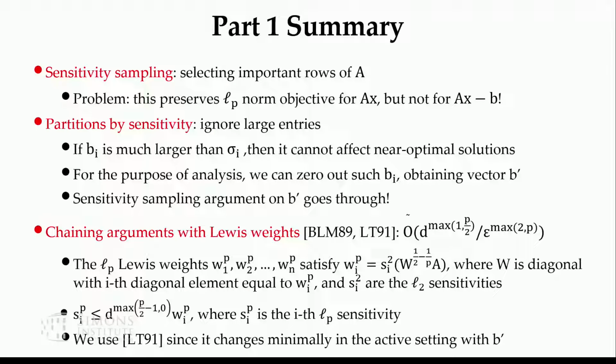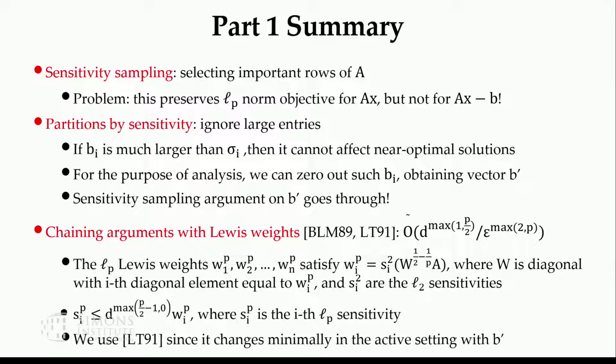What are Lewis weights, if you haven't seen them? The Lp Lewis weights, which I've written as w_1^p, w_2^p, through w_n^p, satisfy a very nice equation defined in terms of themselves: the ith Lewis weight is the L2 sensitivity, which is just the leverage score, of W to the 1/2 minus 1 over p times A, where W is a diagonal matrix with the Lp Lewis weights on the diagonal.